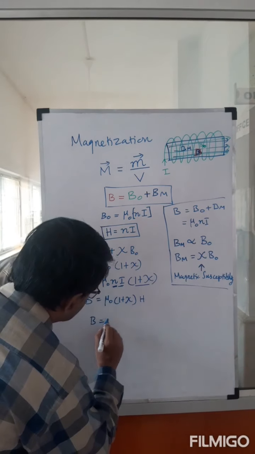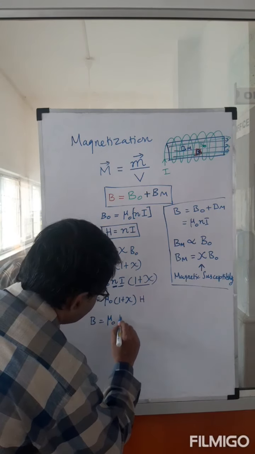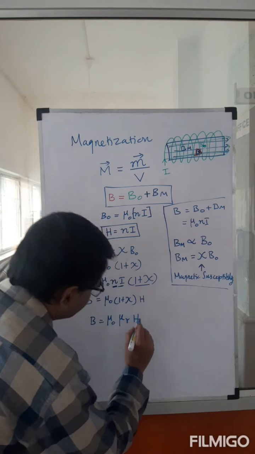So my B is equal to mu naught times mu r times H.